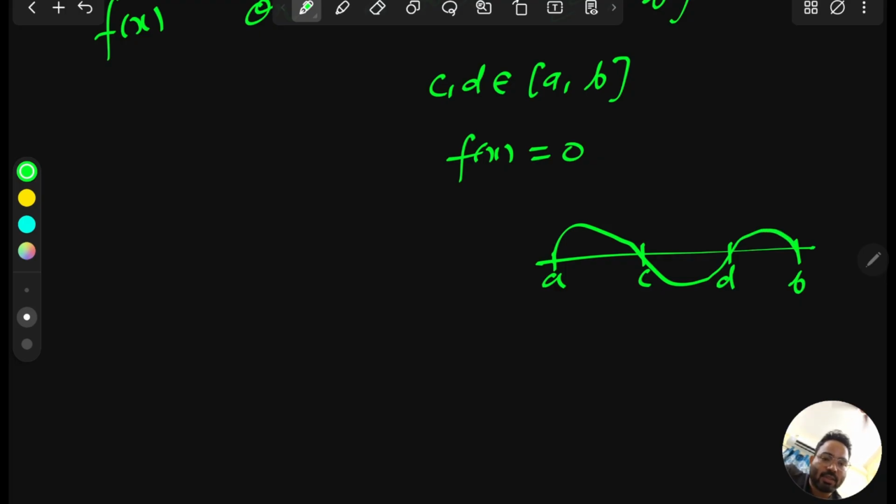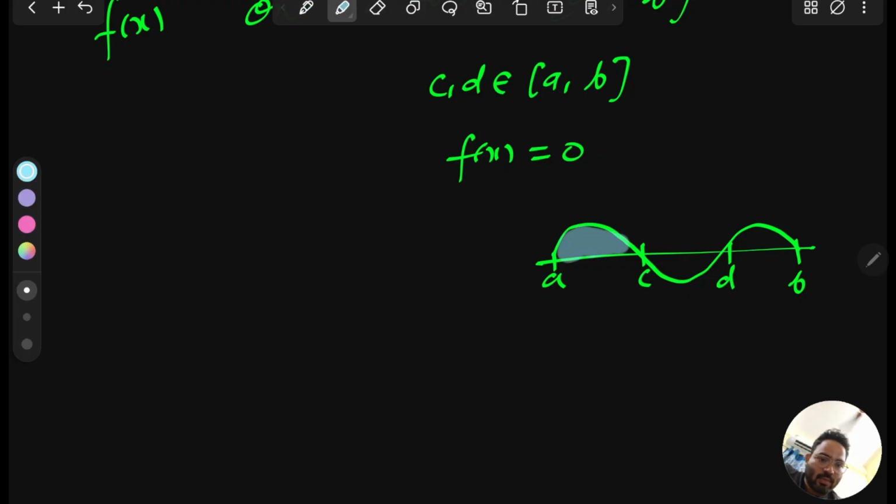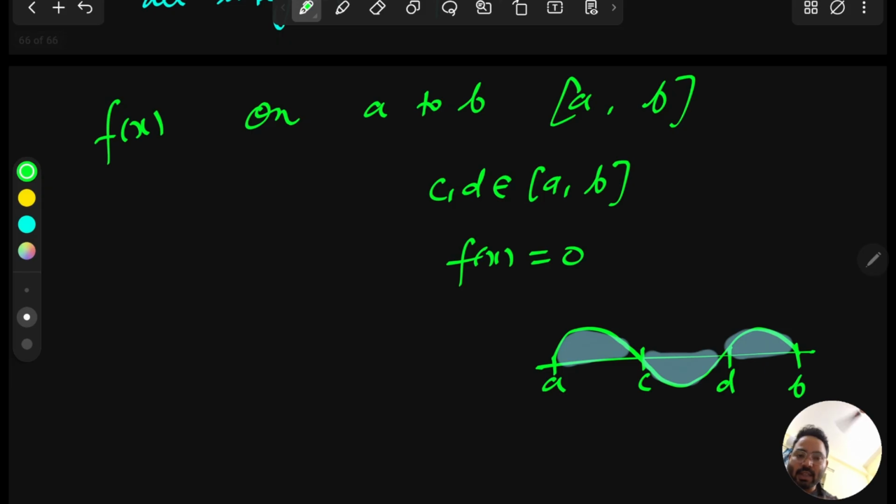Make the graph of the function, because the area is above the x-axis only. We will just consider in which situation it is positive or negative, forget all about this, and divide the area.